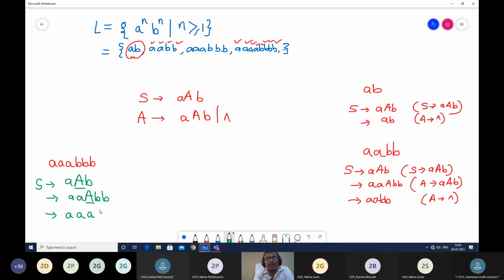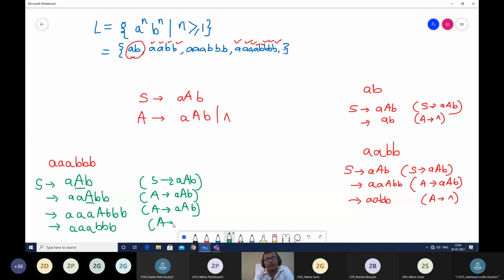And then once I am done with 3 a's and 3 b's, I'll make this A null. So the production rule that I apply here will be A gives null. So what production rules have we used here? First time I used S gives aAb. Next time I used A gives aAb. Then next time again I used A gives aAb. And here I used A gives null.